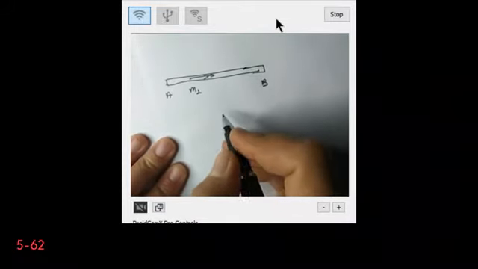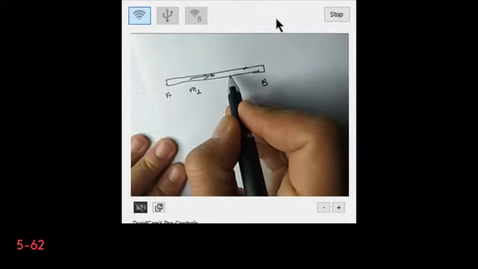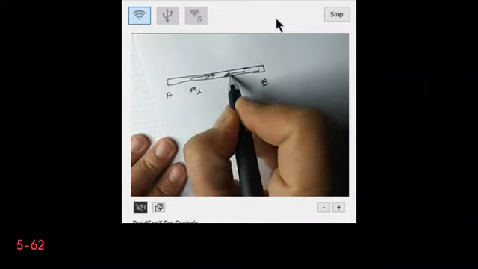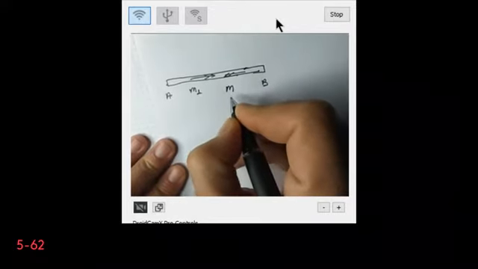Certainly this system has to be in static equilibrium, therefore the torque on the gear has to be in the opposite direction, and I will say that this is mg1.